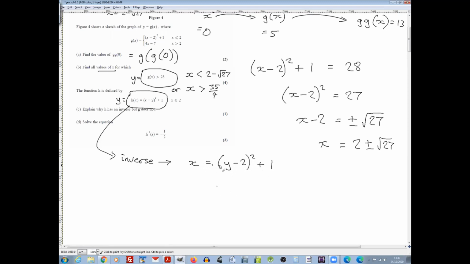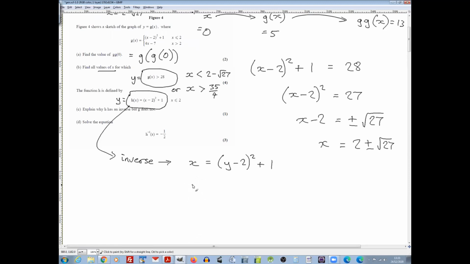Switch them around, and then what? Then rearrange, to get y on its own. We're not finding x then, are we? We're finding y in terms of x. Get y on its own.